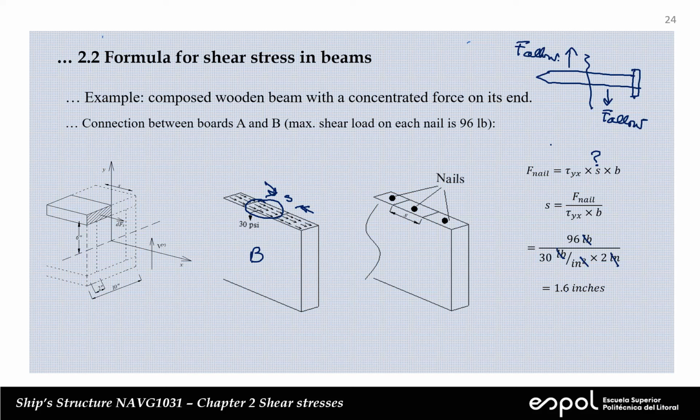And it is possible that some of these nails will bend, and there will be some slide of the boards A over the board B, because they are telling us that you cannot apply over the nails a force larger than 96 pounds, I'm sorry. Okay?